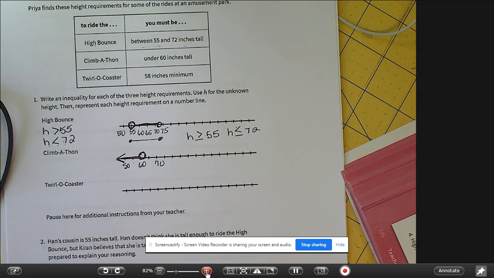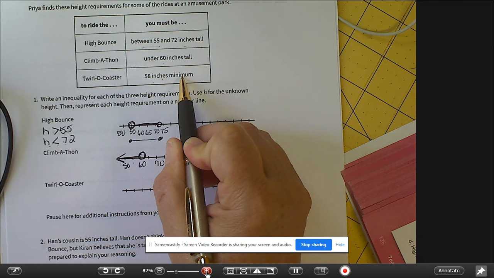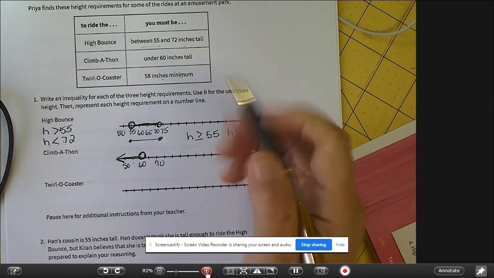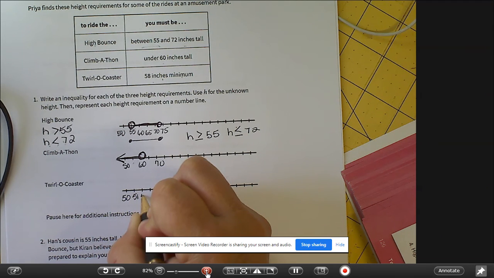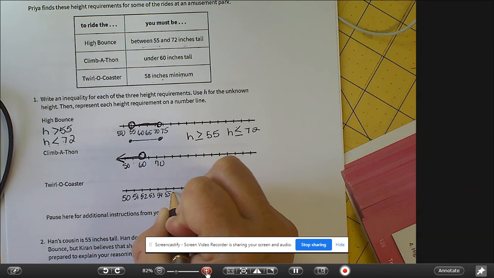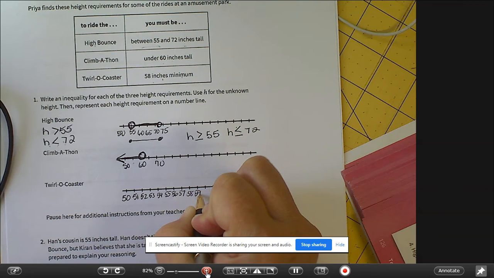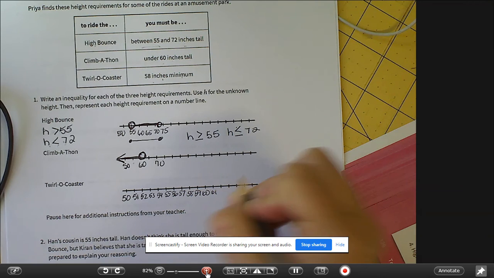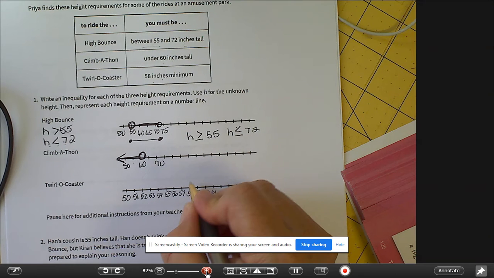All right. The twirl coaster says 58 inches minimum. So that is equal to, so let's start with 50, 51. Okay, so equal to or greater than.